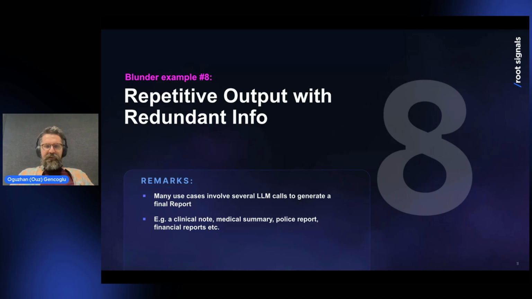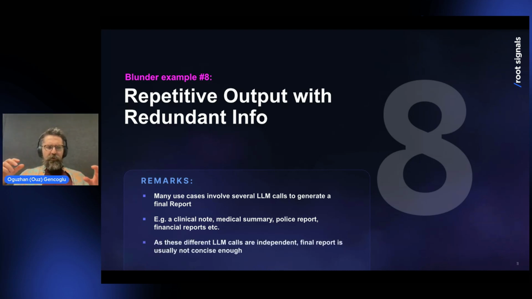You never ask one LLM call and just dump it to the data, because there are nuances. And when you do that, this LLM response usually doesn't know the other LLM response, so you have some sort of conciseness issue, and the final report has repetitive information.